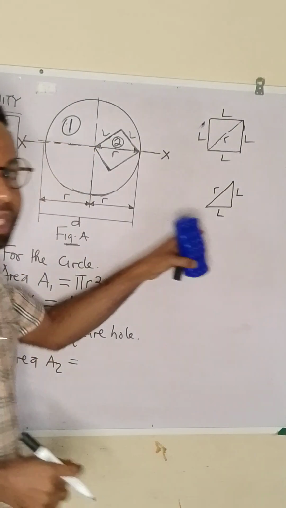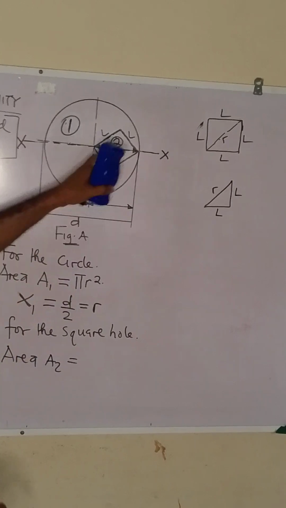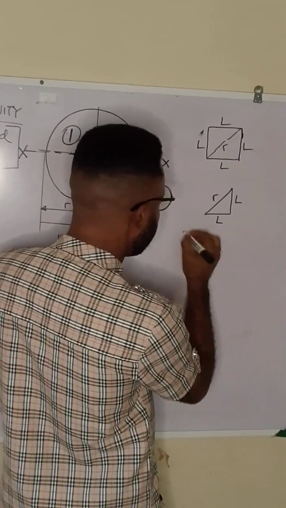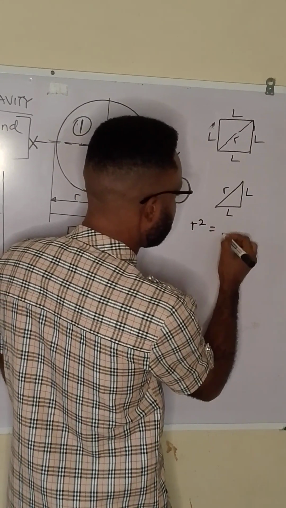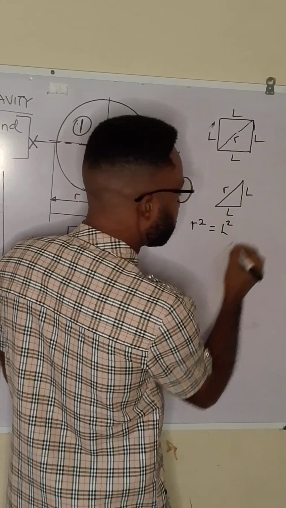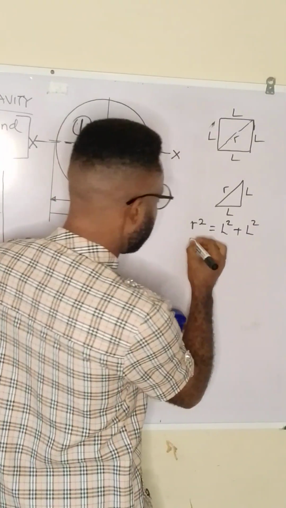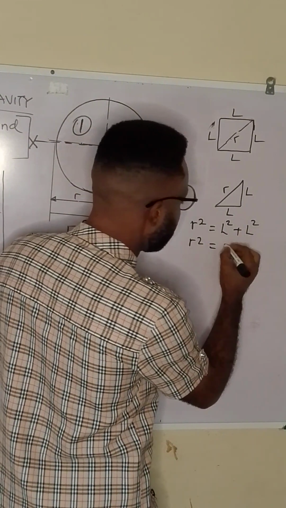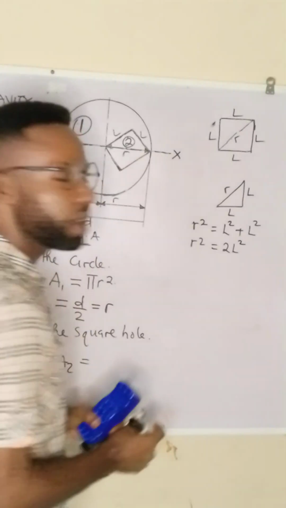So we can use Pythagoras' theorem to determine what will be the area of this square. From Pythagoras' theorem, we'll have that R squared will be equal to L squared plus L squared, which will give us 2L squared.